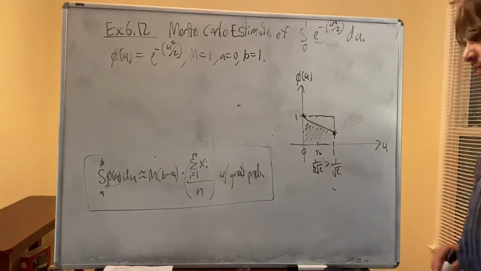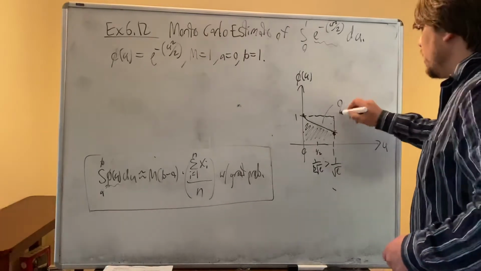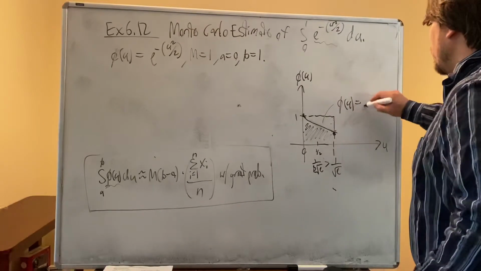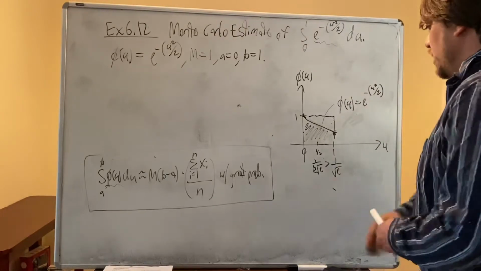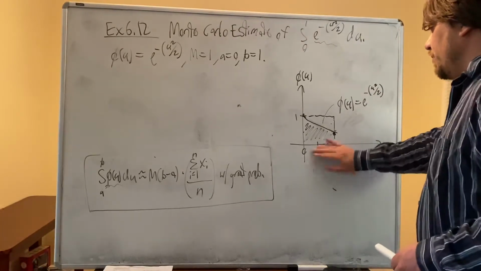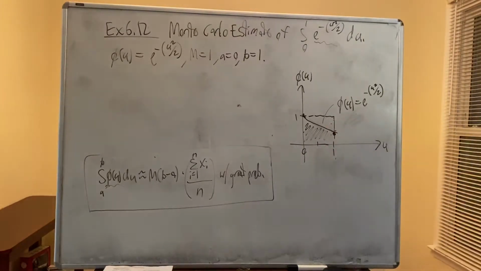And so let's look at the region underneath that. That's going to be phi of u, which is equal to e to the negative u squared over 2. Okay, and so let's look at the region there.